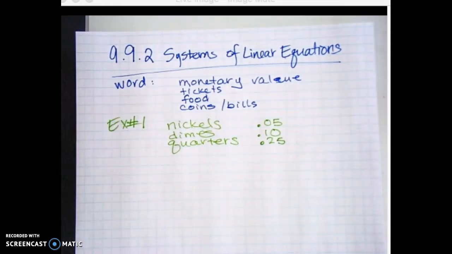But once you have the equation set up, to get rid of the decimals, you would need to multiply by what? How many places do we want to move that decimal? 2 places to the right. So we would multiply by 100.